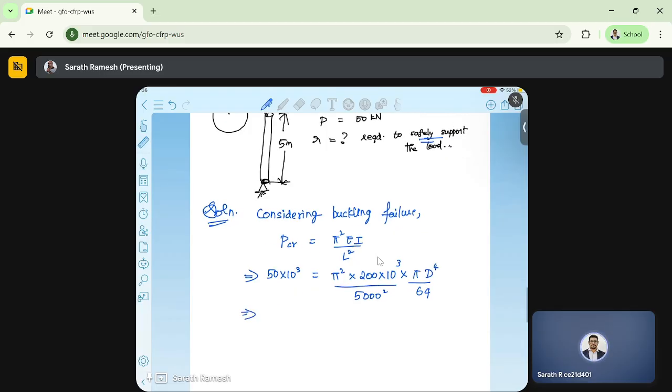So this implies, 10 power 3, 10 power 3 cancel. 50 ones are 50, fours are 4, ones are 4, 16s are. So D power 4 will be 16 times 5000 square divided by 5 cube.